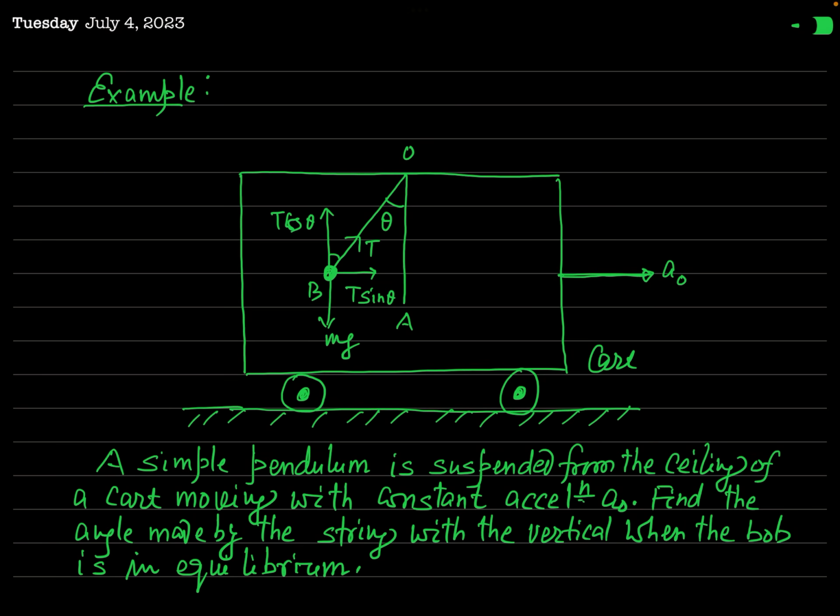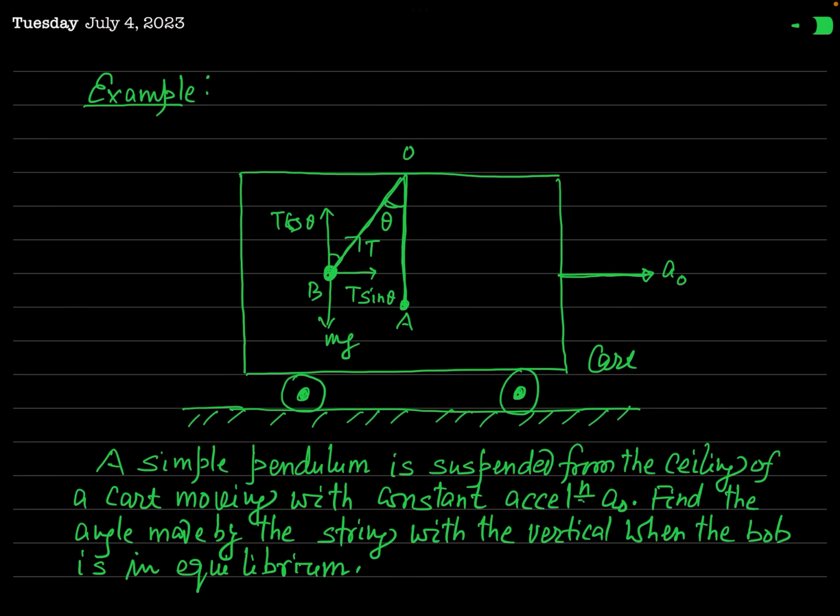When the car accelerates, the string of this simple pendulum will deviate from its equilibrium position. When the car is stationary or moves with constant velocity, in equilibrium the string will be vertical. But if the car is accelerating, the string will deviate from the vertical, and at this position OB it will be in equilibrium, making an angle theta with the vertical.